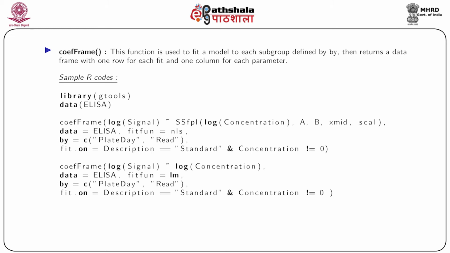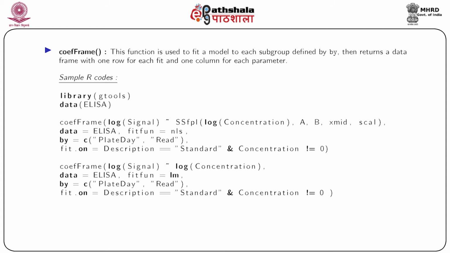Data equals ELISA, fitfun equals nls, and we are subgrouping, as we had mentioned in the definition of the function itself, the data by plate, day and read. So the fit on equals description, and we are looking at standard, and concentration not equal to 0. So we are segregating the data based on these conditions.